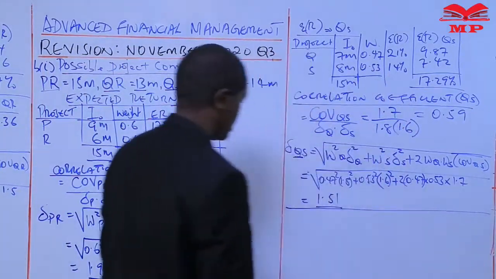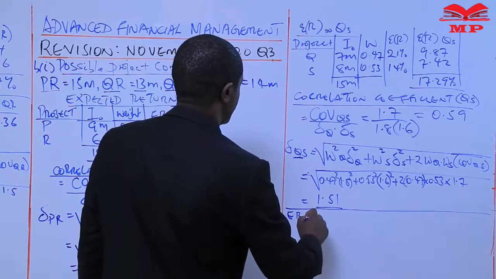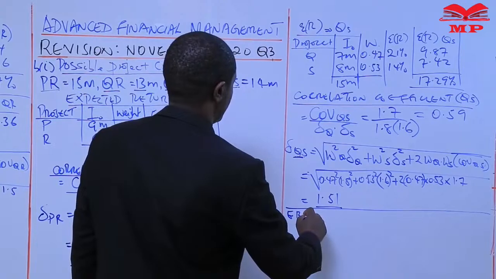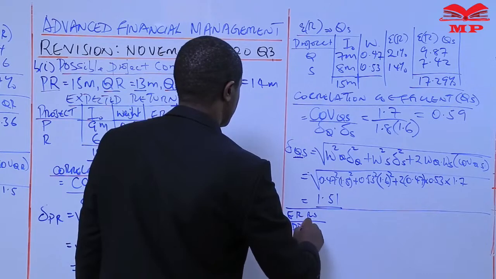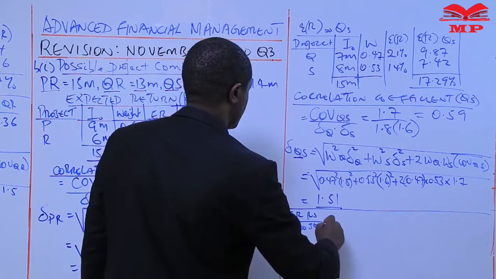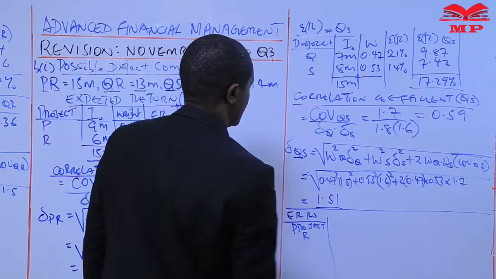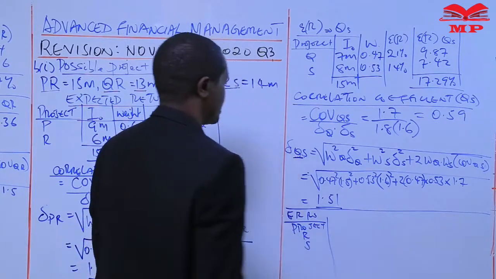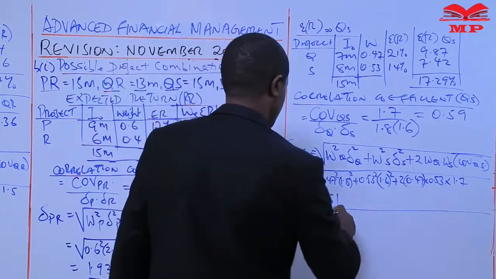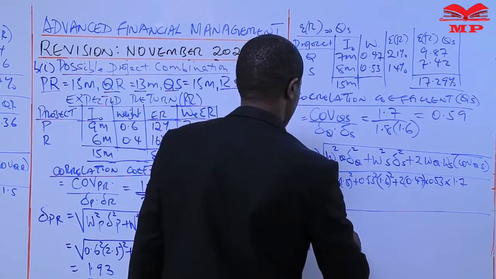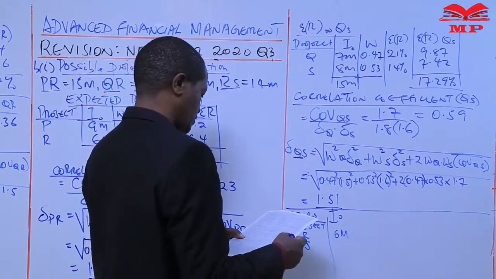So I'm going to have here the expected return for RS. We begin with project R and project S. Project R required an initial outlay of 6 million. Project S required an initial outlay of 8 million.